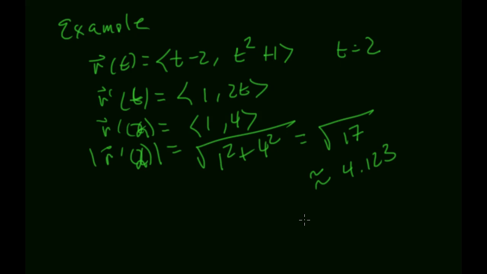So this thing is moving at slightly more than 4 units per second. That's its speed. Okay, so this gives you an idea of how we're actually describing a particle that's moving in space, and this is one of the big reasons why we use vector valued functions.